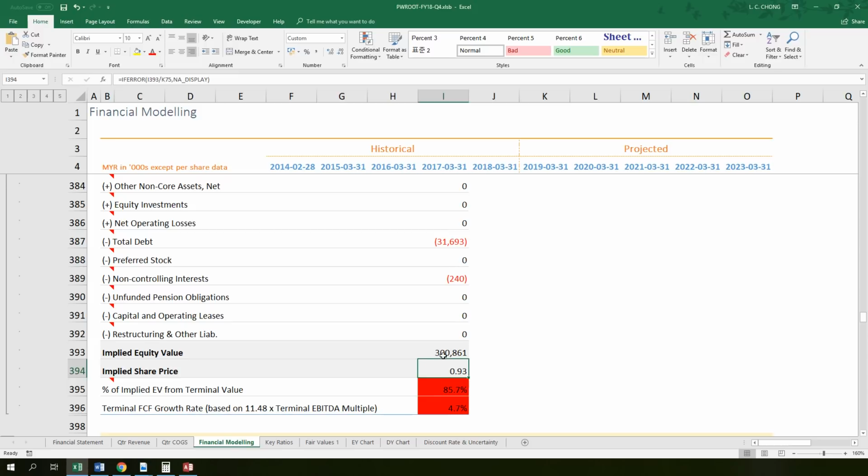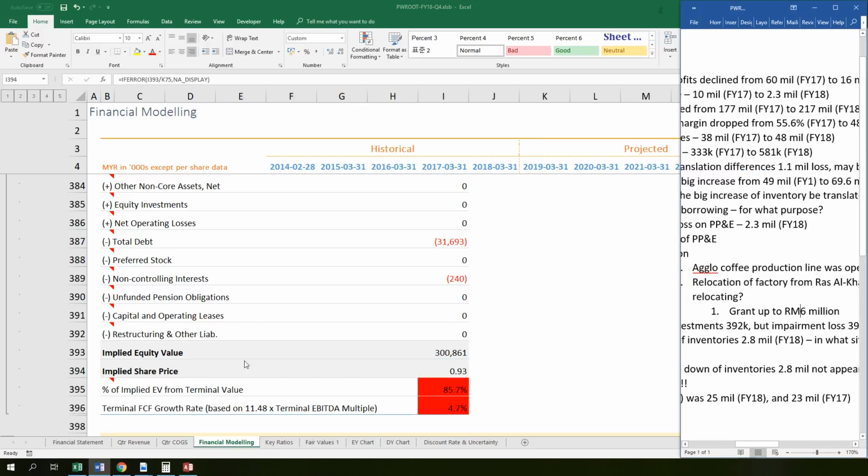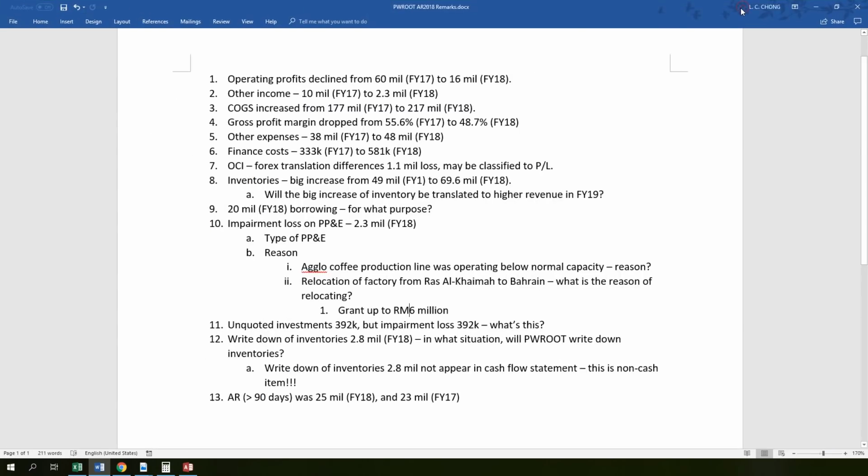Despite Power Root facing some challenges like some other companies, I believe Power Root's business will continue to grow. The main concerns are higher cost of goods sold. I need to get more information from the management.